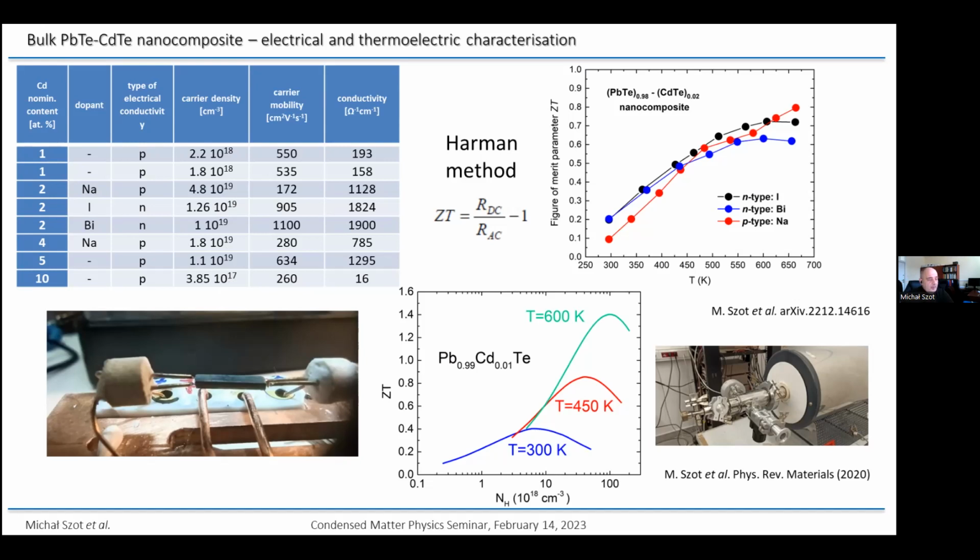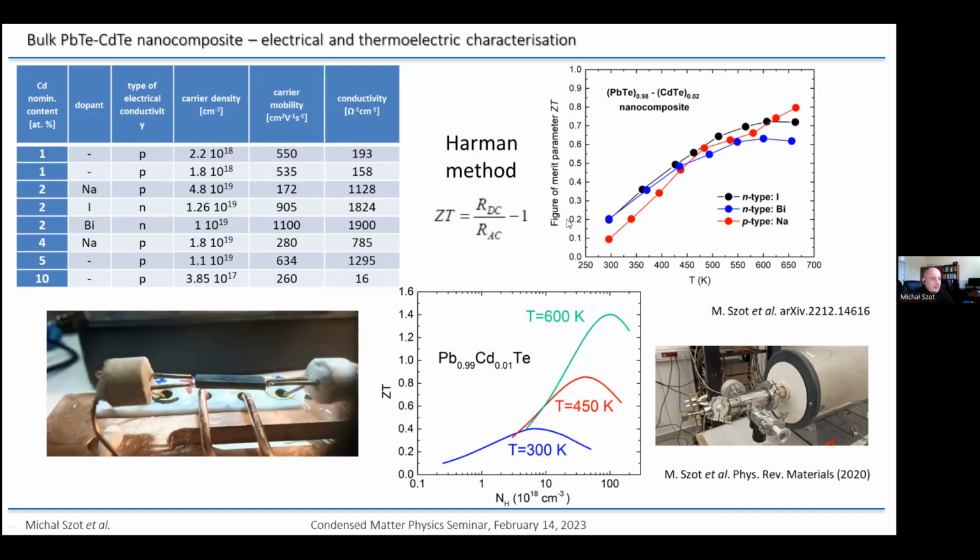So for the electrically best sample, we performed measurement of thermoelectric efficiency. I mean, we have measured the ZT parameter using the Harman method, which is a direct method, which needs only measurements of AC and DC resistivity.